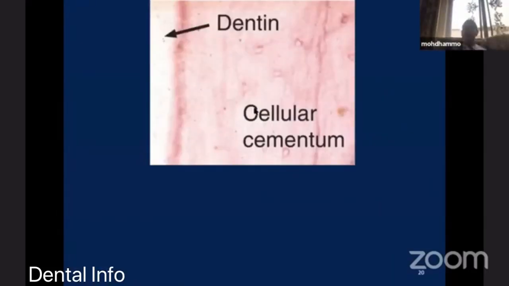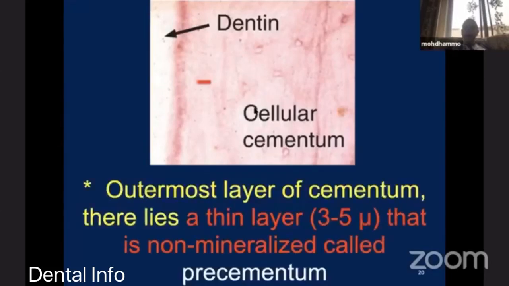So let's take a look at the junction between dentin and cementum. At the outer layer of cementum, which is closer to dentin, there lies a thin layer, 3 to 5 micron, and this layer is also non-mineralized, and it is called pre-cementum.